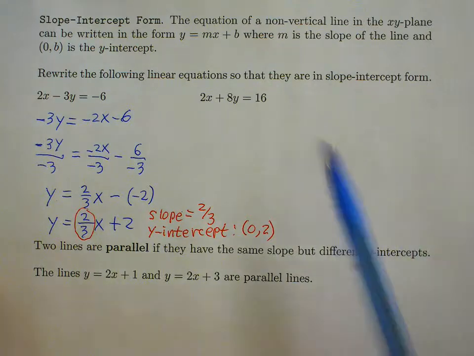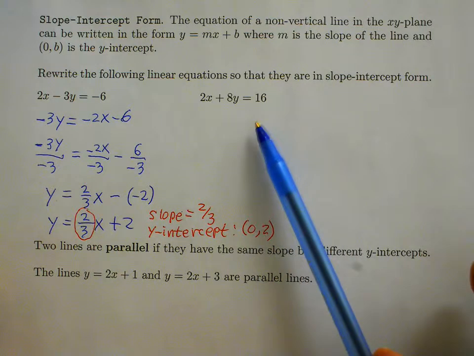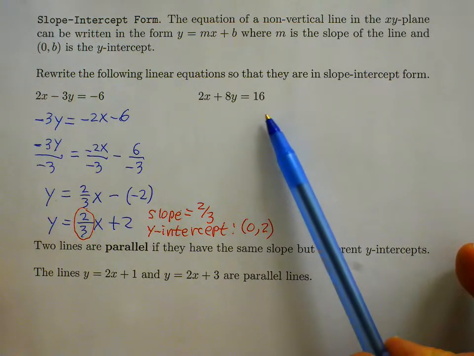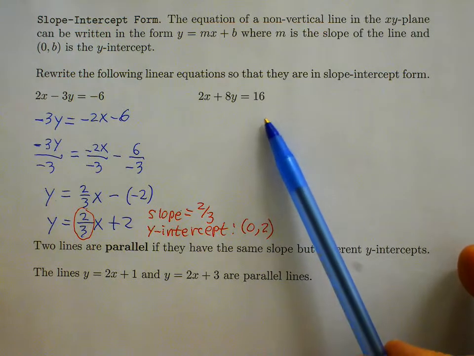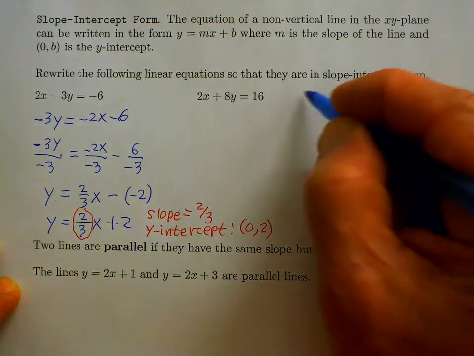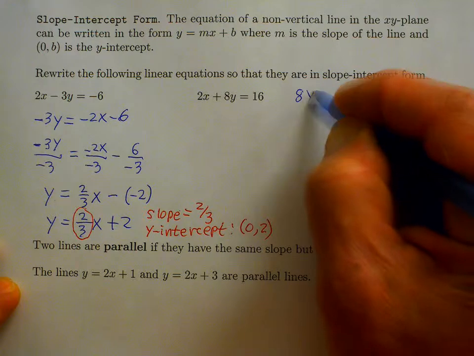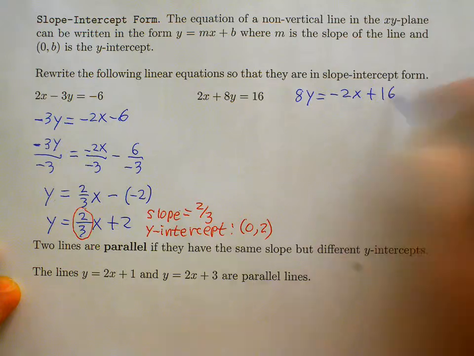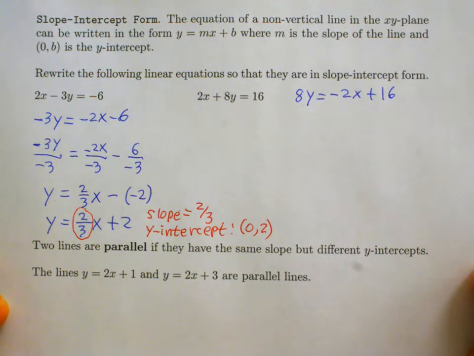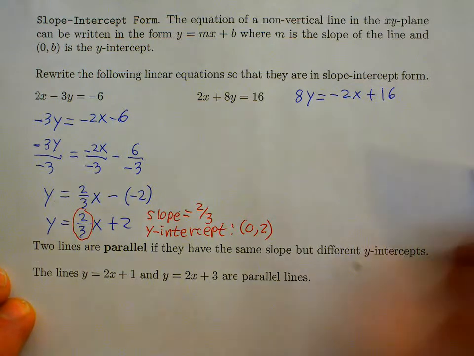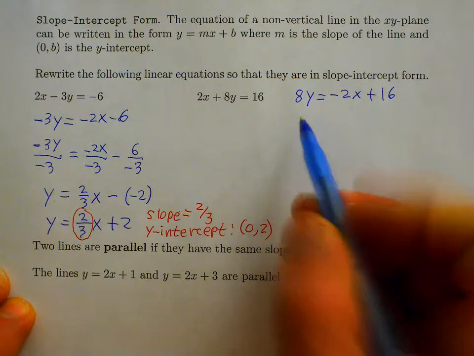Okay, the next equation, 2x plus 8y equals 16. When we solve this one for y, first subtract 2x from both sides, and we'll get 8y equals negative 2x plus 16. And then divide every term on both sides by 8. When you divide the left-hand side by 8, 8y divided by 8 is y.